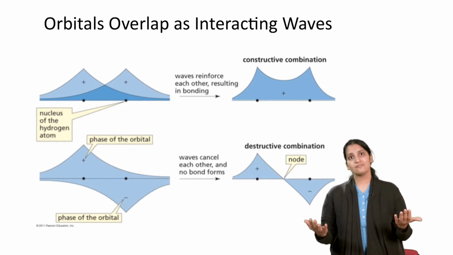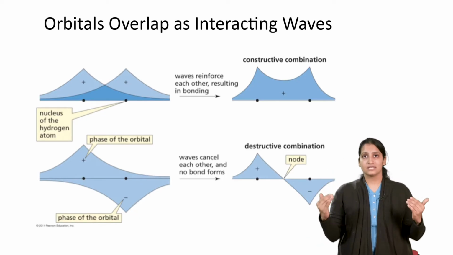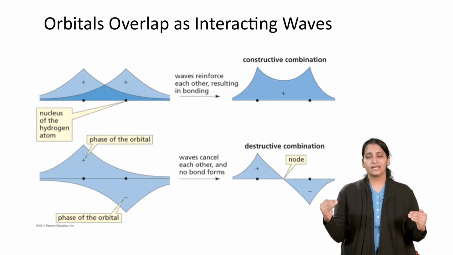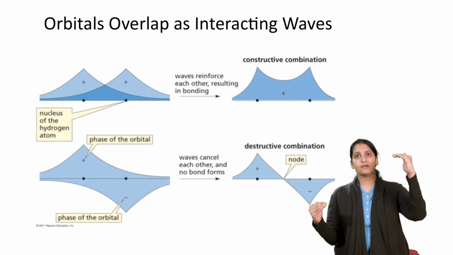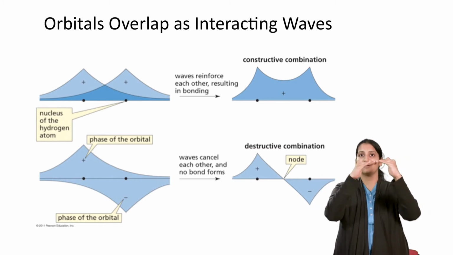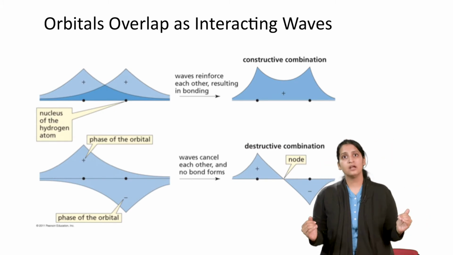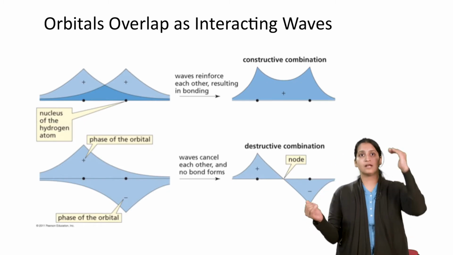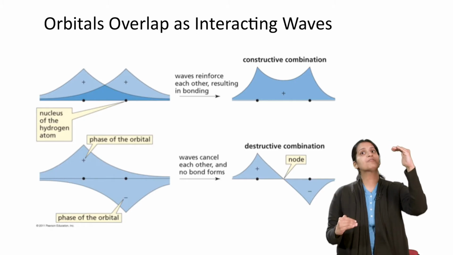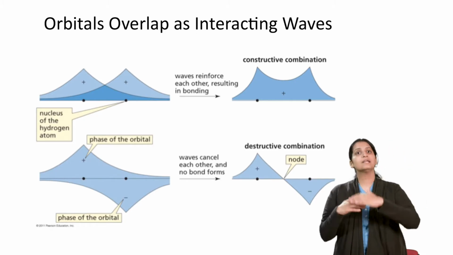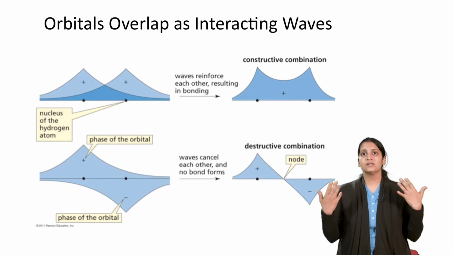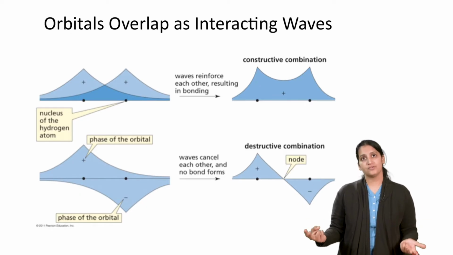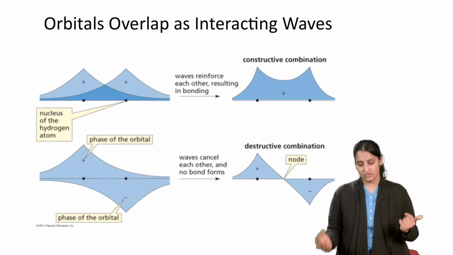There are two ways of combining: either a synchronous addition, in the sense that the crest of one wave matches with the crest of the other wave and they both add together, or an asynchronous addition, wherein the crest of one wave matches with the trough of the other wave and they basically cancel each other out.